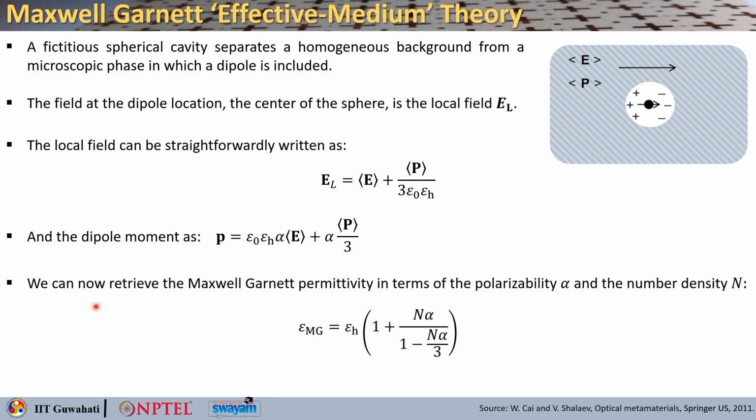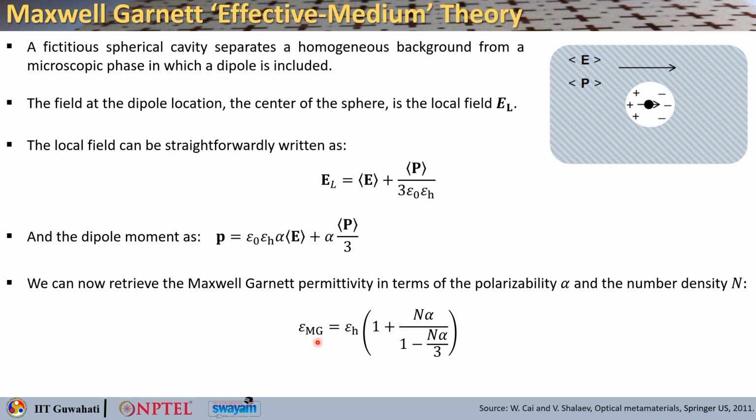Okay. Now, we can retrieve this Maxwell-Garnett permittivity, which is our effective permittivity, in terms of this polarizability alpha and n, which is basically the number density, which tells you how many such dipoles there are in a particular volume.